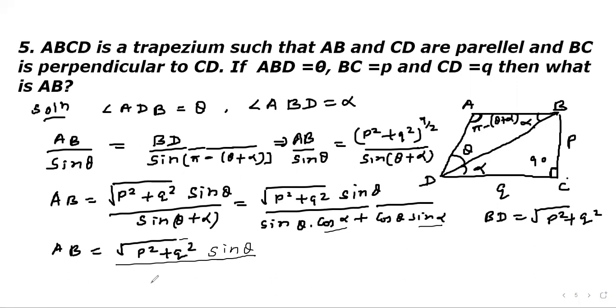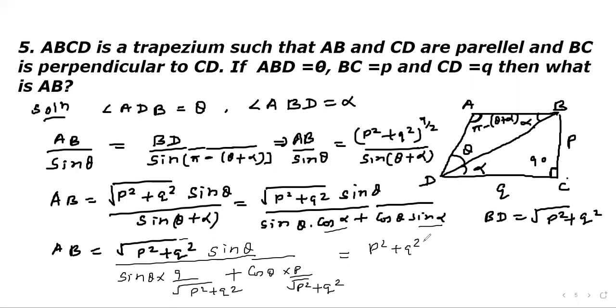So sine theta times value of cos alpha, that is Q divided by root of P square plus Q square, plus cos theta into value of sine alpha, P divided by square root of P square plus Q square, which will give root of P square plus Q square times sine theta divided by P cos theta plus Q sine theta, which is our answer.